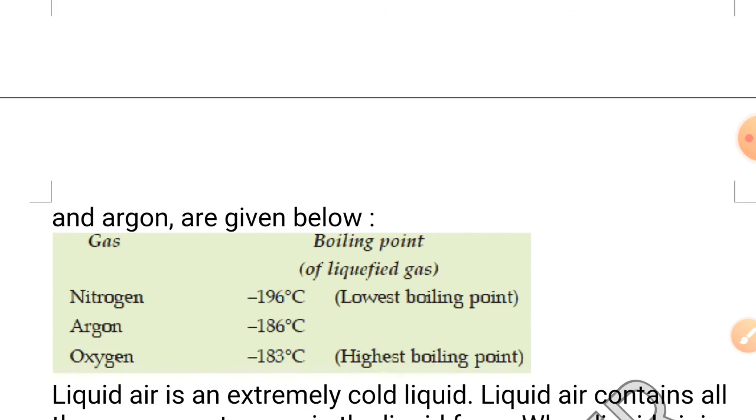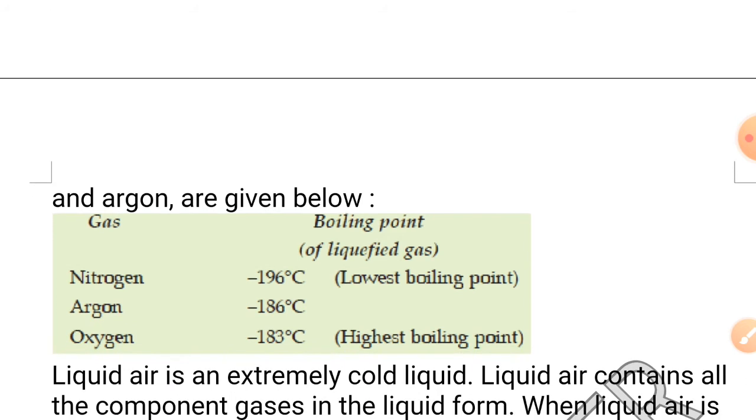When oxygen, argon, and nitrogen get liquefied, we do fractional distillation, and at minus 196 degrees Celsius, nitrogen gas escapes out and is separated. Again, at minus 186 degrees Celsius, argon is separated. At minus 183 degrees Celsius, oxygen is separated. So this was the process of separating the various components of air.